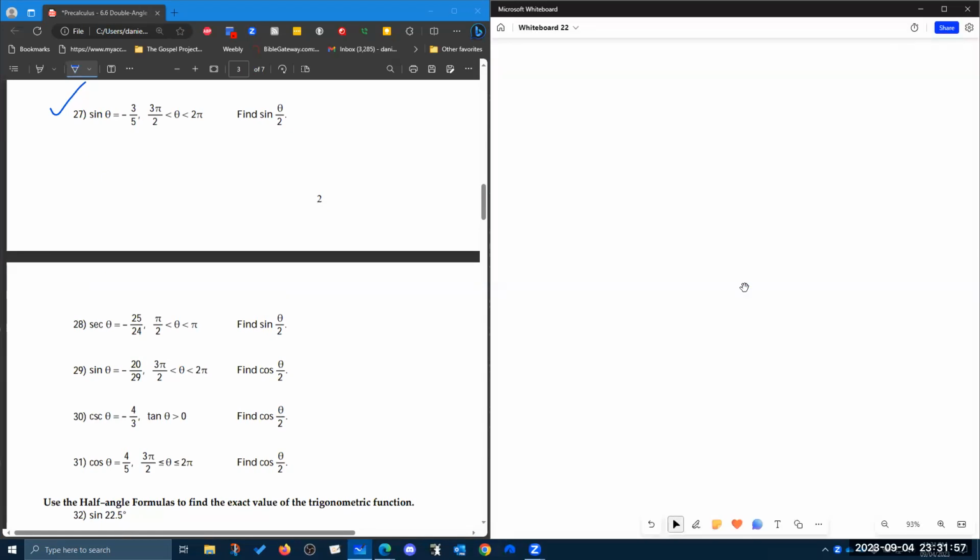Just a few more problems in this section. Secant theta is negative 25 over 24, which means that cosine theta is negative 24 over 25.